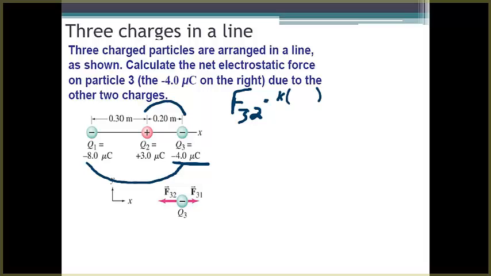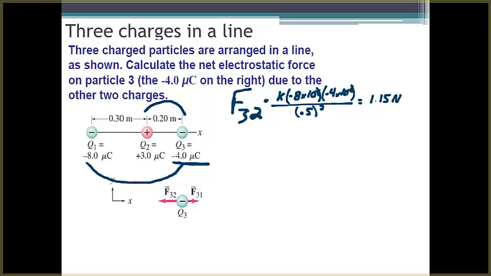Charge number 3 is negative 8 microcoulombs, so times 10 to the negative 6th. Charge 1 is negative 4 microcoulombs, so negative 4 times 10 to the negative 6th. They're separated by a distance of 0.5 meters, so I'm going to take 0.5 squared. When I do that, I get a value of 1.15 newtons.